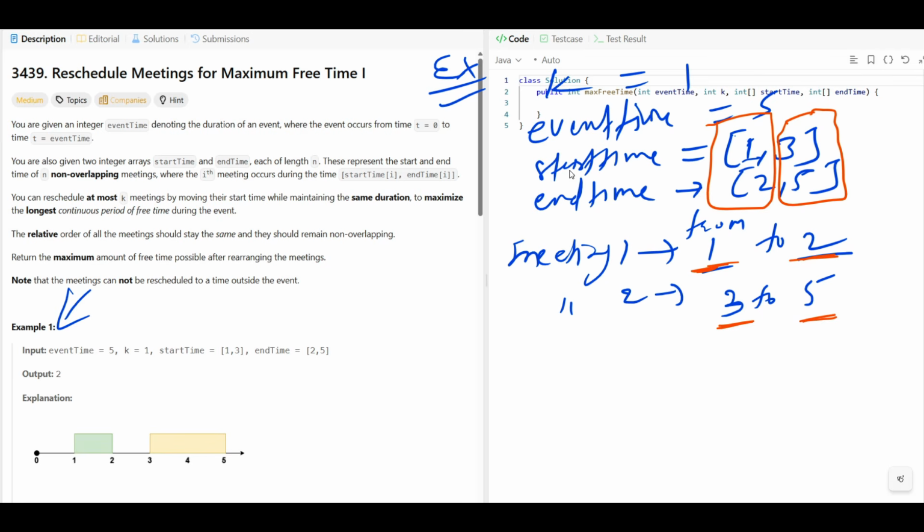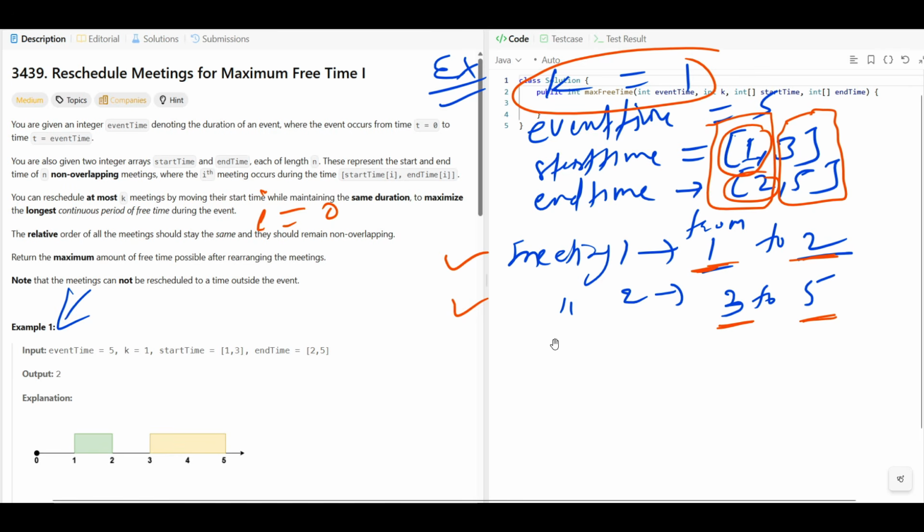So we have two meetings, meeting 1 and meeting 2. You are allowed to shift only one meeting to the left, and we keep the same duration. Now understand: what is the longest free gap you can create?